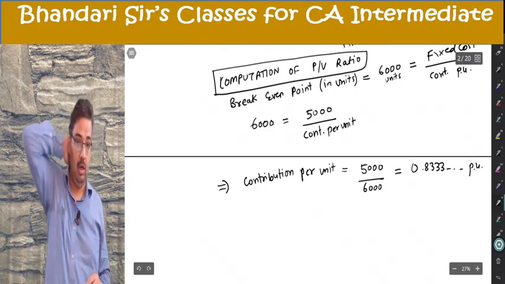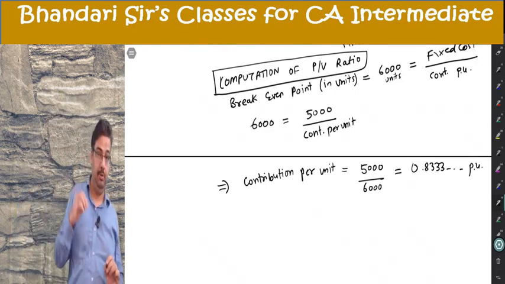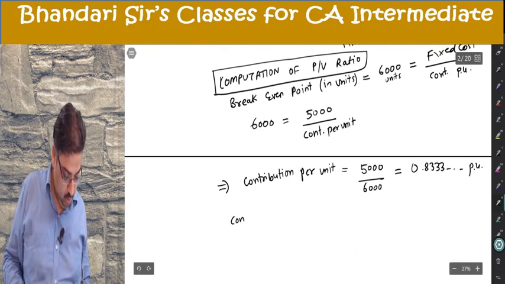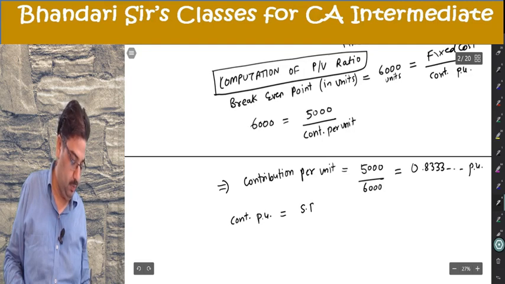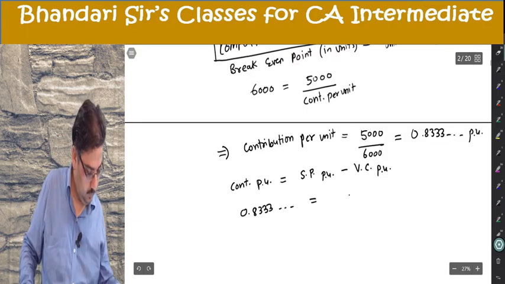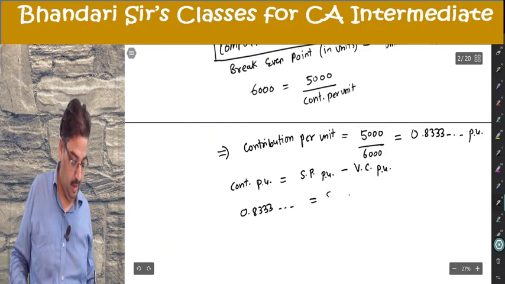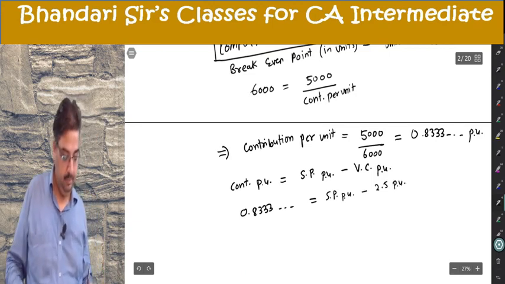Did he ask me contribution? No. He wants me to calculate PV ratio, profit volume ratio. Contribution per unit is equal to selling price per unit minus variable cost per unit. Selling price per unit I am going to compute, minus 2.5 per unit variable cost I have computed.